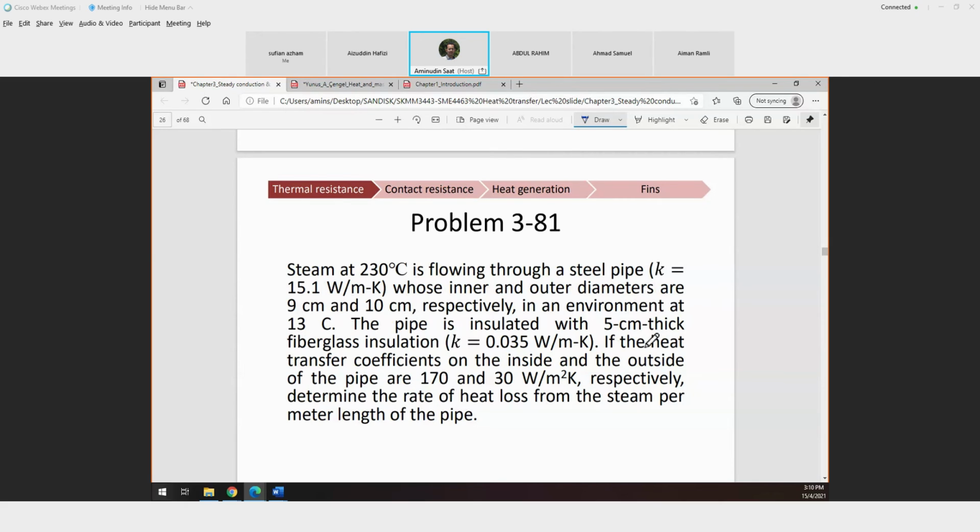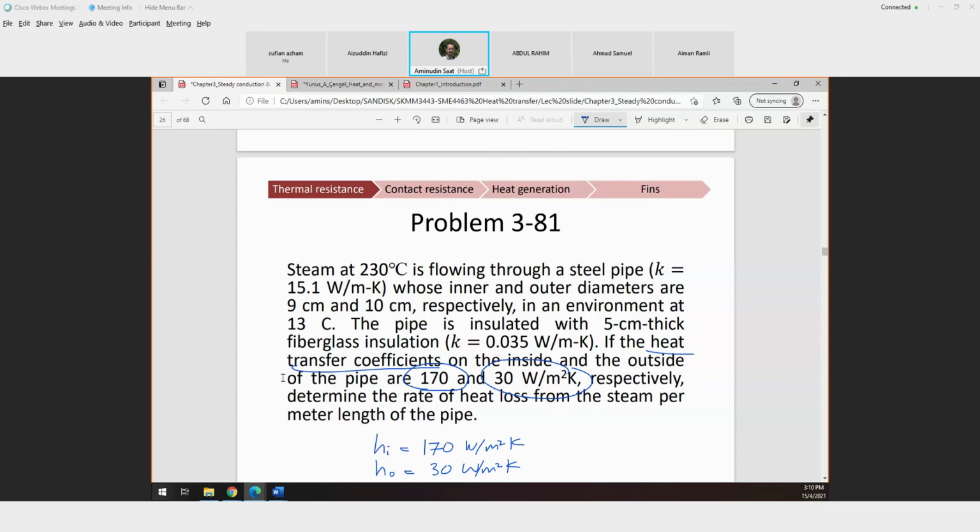The heat transfer coefficients are given: 170 watt per meter squared Kelvin for the inside and 30 for the outside.